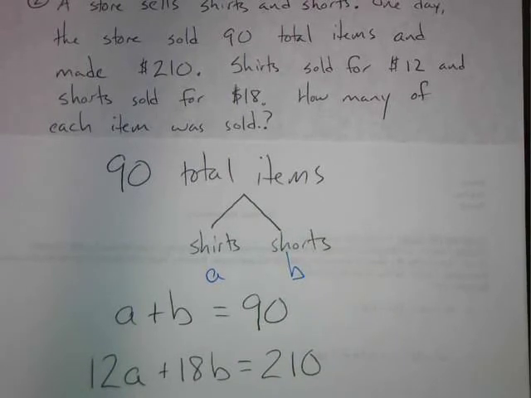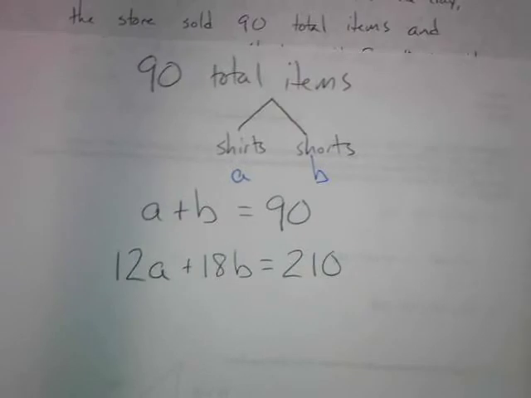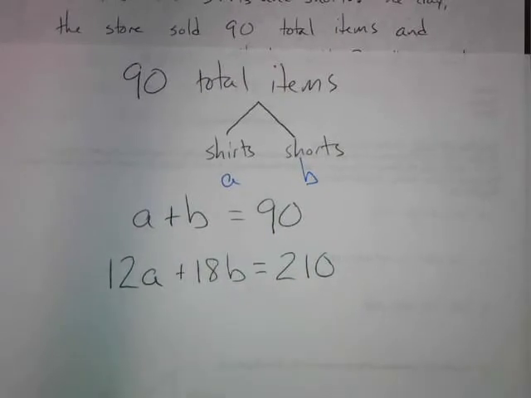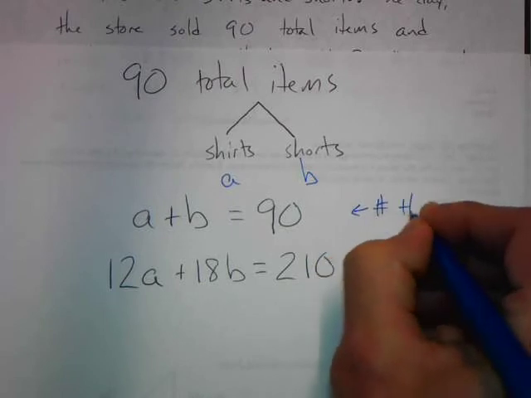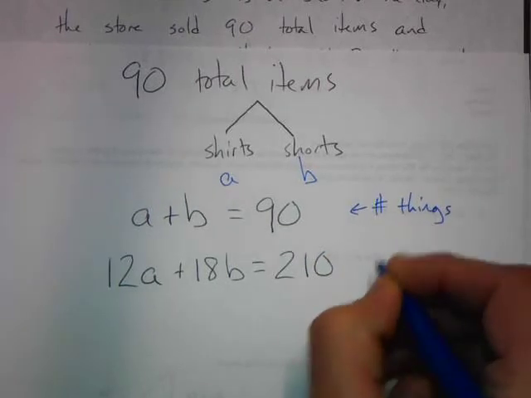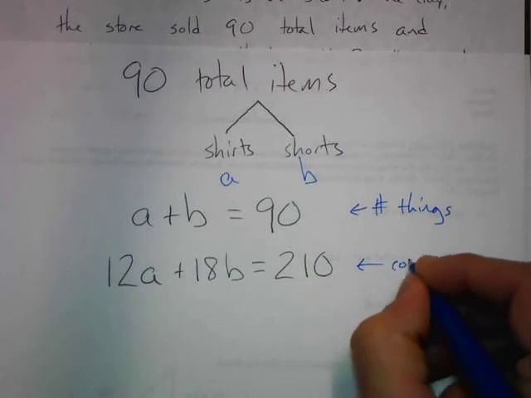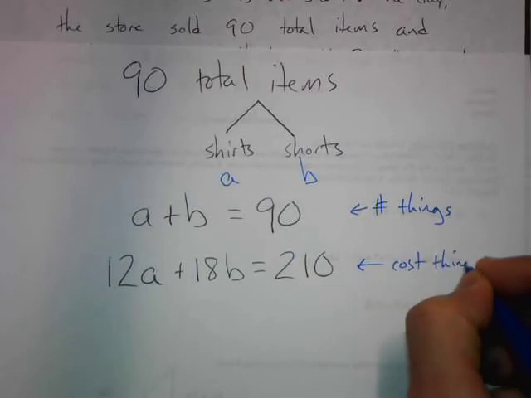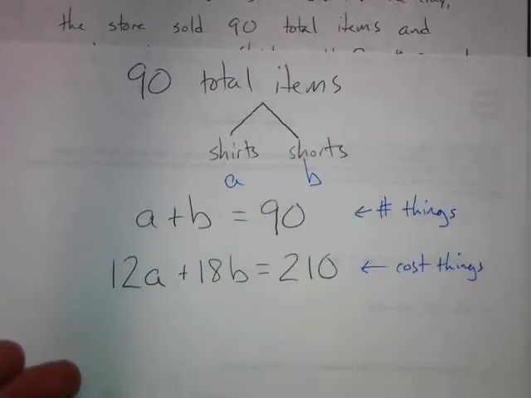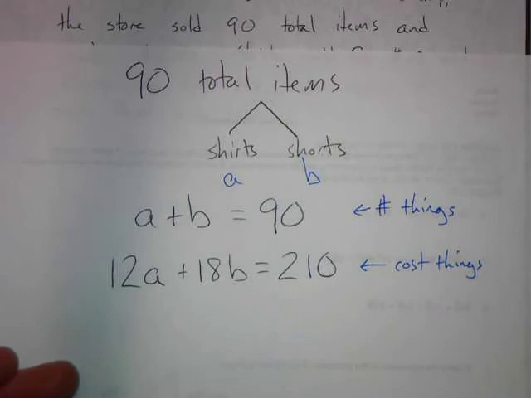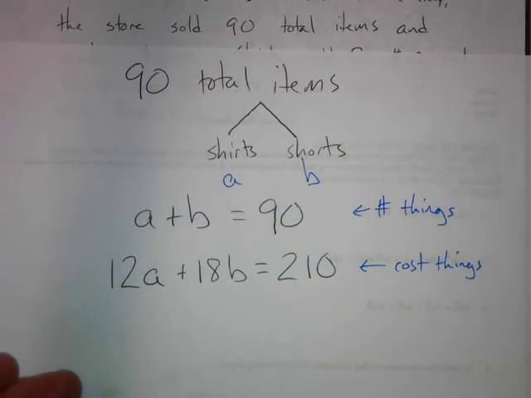And here we have a system of equations again. Two variables, two equations. One equation deals with the number of things, and the other equation could deal with the cost of things. But either way, as long as we're working in the same variables, we can make that system of equations. And if we have a system of equations, we can solve that system by using any of the means that we're going to get into.